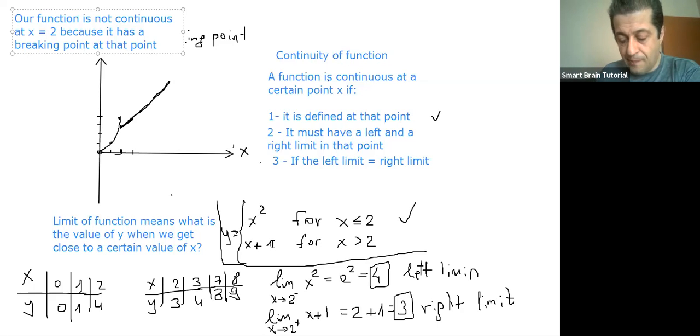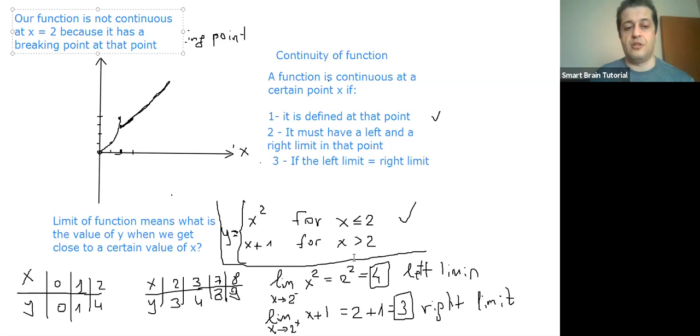So when the function is given in this way, we suspect x equal to 2 and check if there is a breaking point in this part or not. If there is not a breaking point in that part, we can also find the derivative and the integral of the function. But if there is a breaking point, we cannot continue anymore. So there are three conditions for the function to be continuous.